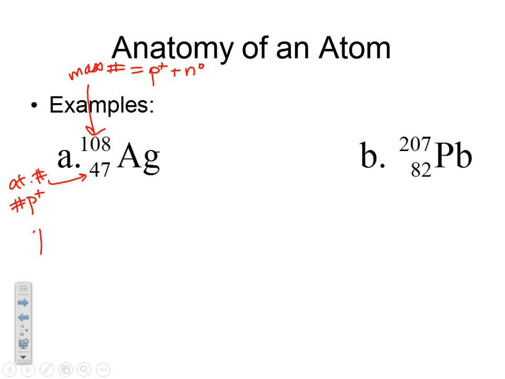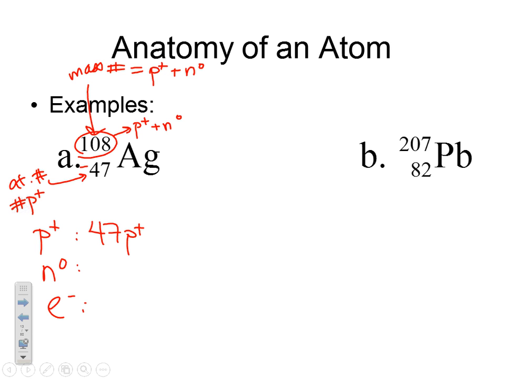So if I'm working out the protons, neutrons, and electrons in this species, I automatically know that there are 47 protons because of the atomic number. Now, in order to work out the neutrons, this is saying that there are 108 protons plus neutrons in this thing. So 108 is equal to protons plus neutrons.